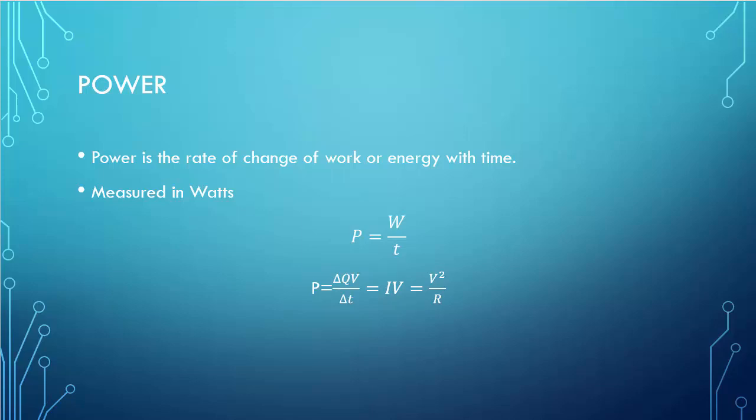It is also the change in the amount of charge times the voltage over time, or current times voltage. Also, it is the voltage squared over the resistance. So there are a lot of different equations for this, and it's all interwoven with Ohm's law. Choose the one that works best with the information that you have.